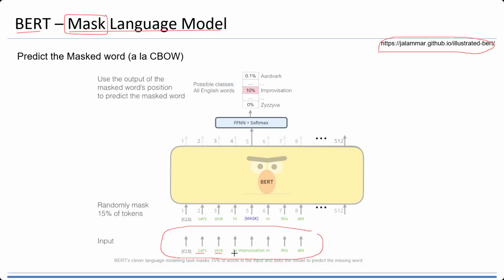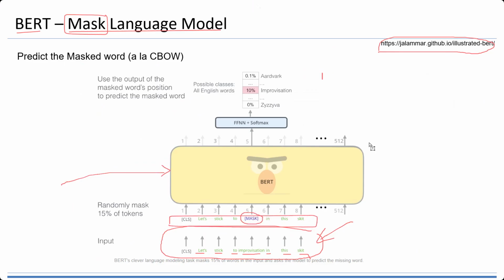Let's stick to something improvisation in this skit. So this text is the input, and when we want to input into the BERT, we do the masking. What is masking? Masking means you hide something.